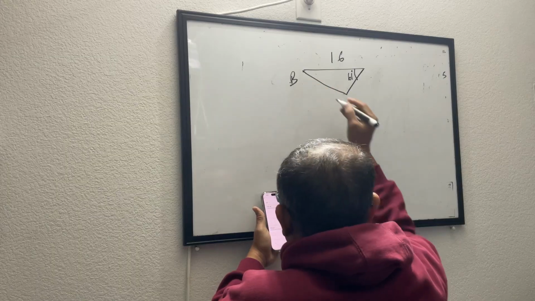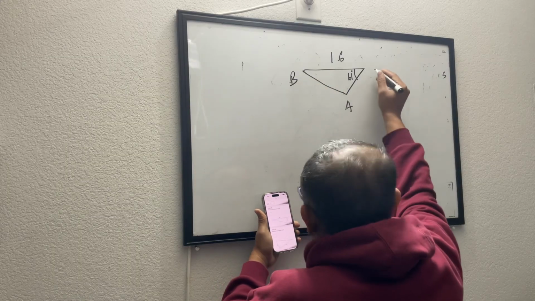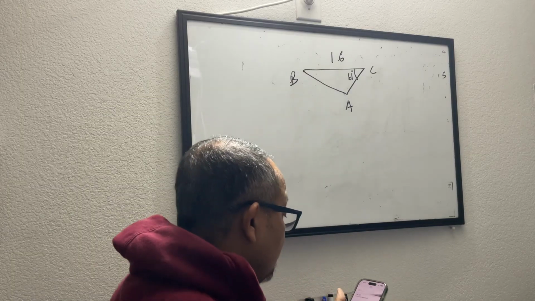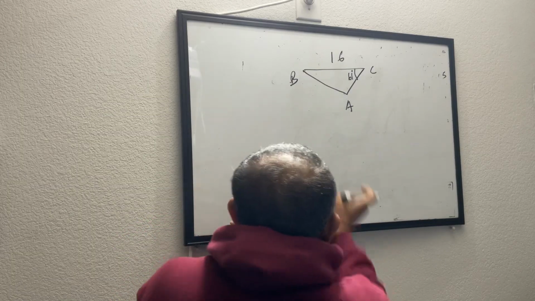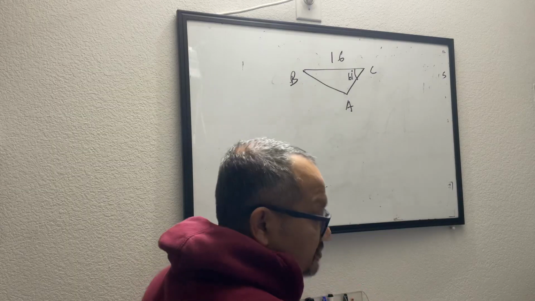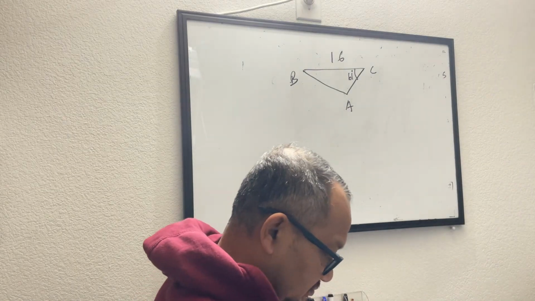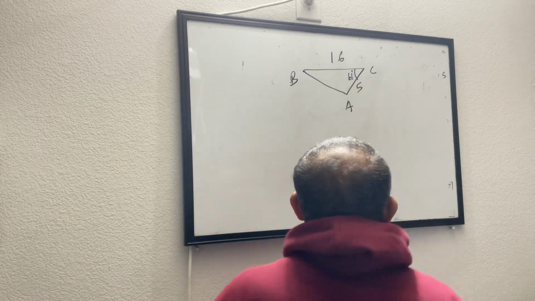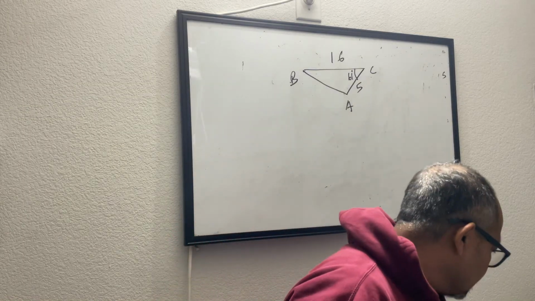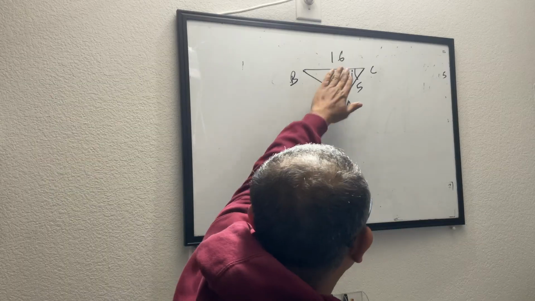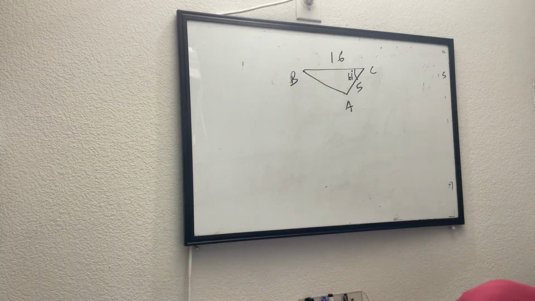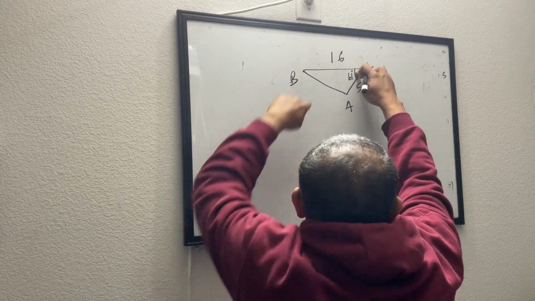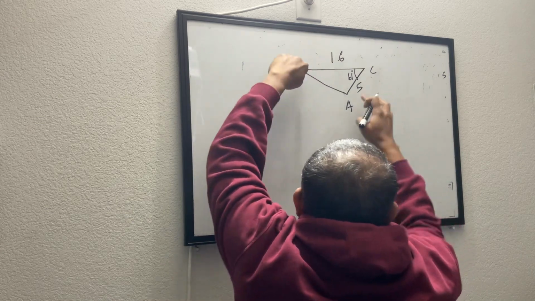This is B, this is A, and this is C. It says find AB, find this side. Or this is 5. We only know this angle, is it 61 degrees? Yeah, 61 degrees. This angle is given to us, these two sides are given to us, and we have been asked to find out this side.